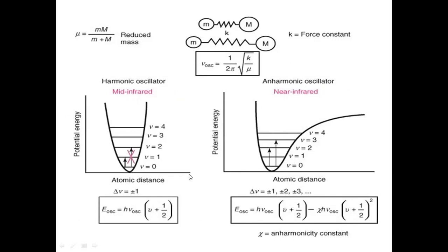In the case of the energy of a harmonic oscillator, generally E is equal to h nu into n plus 1 by 2. This is the energy of a harmonic oscillator.